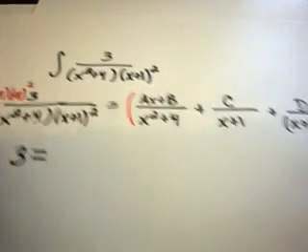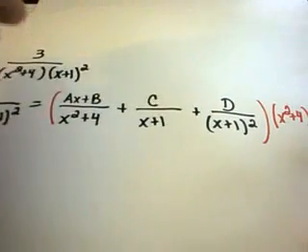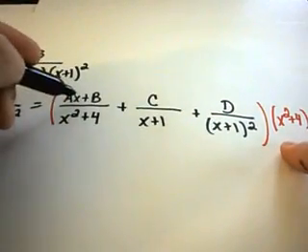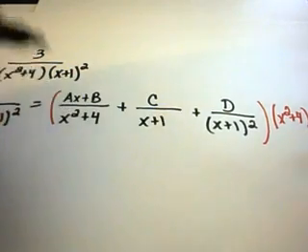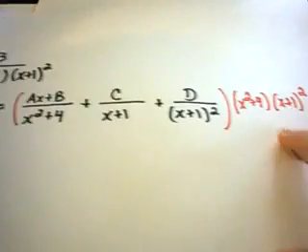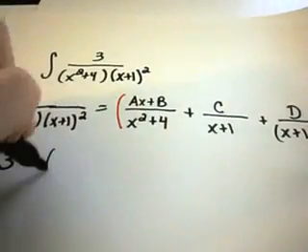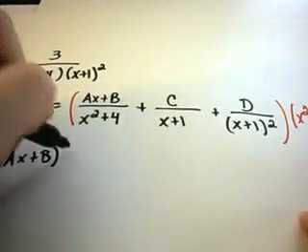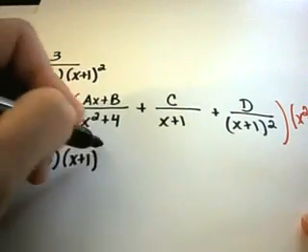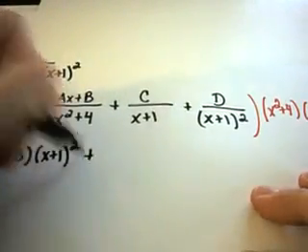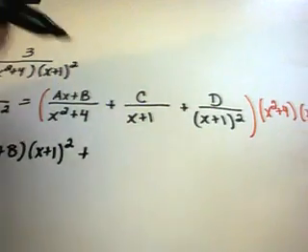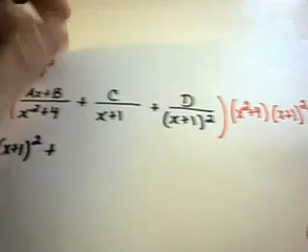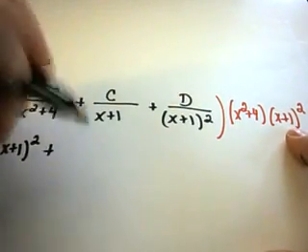And then on the right side, when we multiply the ax plus b over x squared plus 4, when I distribute the x squared plus 4 times x plus 1 quantity squared, the x squared plus 4 is going to cancel, and I'll be left with ax plus b, and then I'll have the x plus 1 squared terms. And then in the middle term, one of the x plus 1 terms is going to cancel.